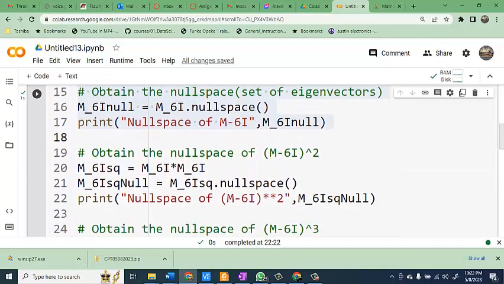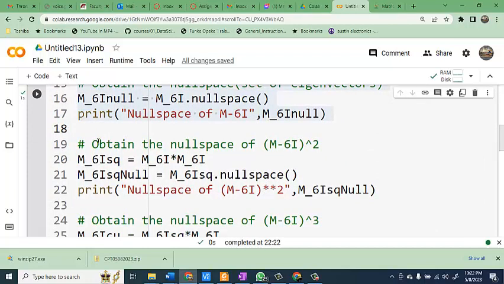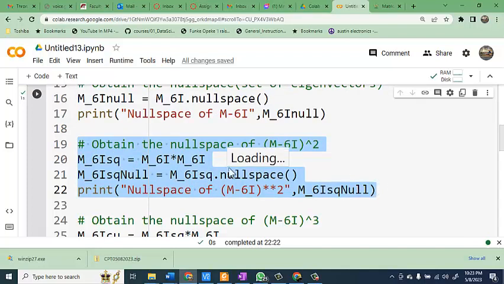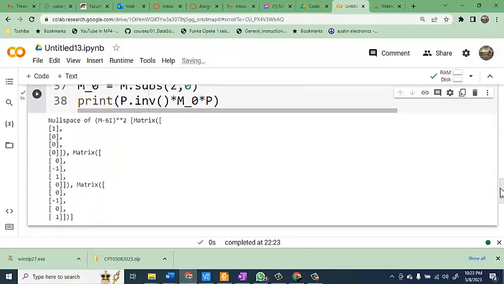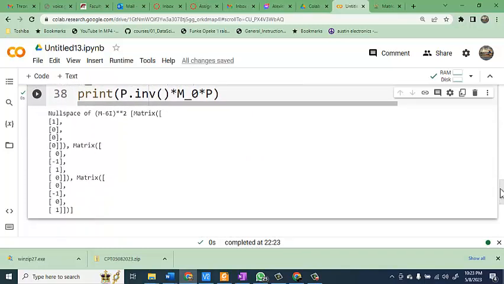So let's look at the null space of the square. Right here, I squared it, and I'm taking the null space. I think it's Control Shift Enter. Okay. So let's see. What does it say now? All right. So this is the null space of the square.